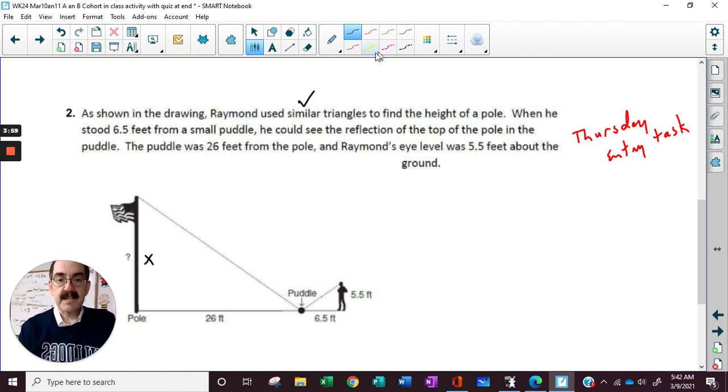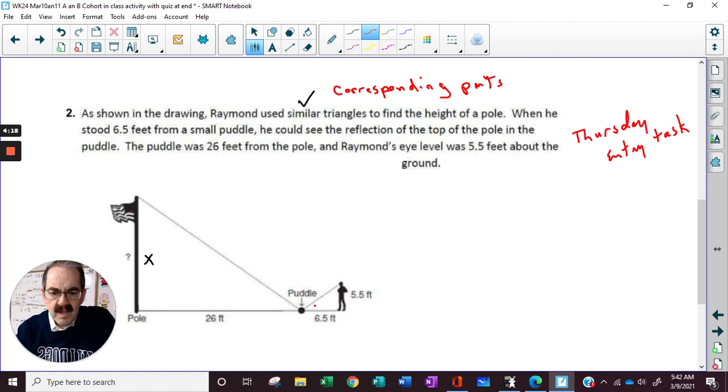The key to success, if you've been doing this the last 3 weeks, is corresponding parts. We have to find the corresponding parts. So, that angle, remember what that's called? The angle of reflection.